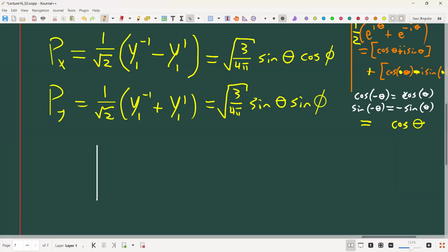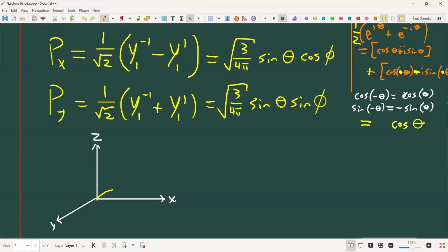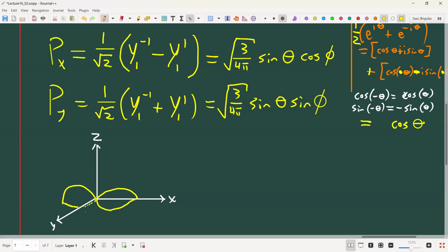So let's look at the px. First, let's do the theta dependence, which is the z dependence. Sine of 0 is 0, so this function achieves a maximum in terms of theta at pi over 2 and it's 0 along the z-axis. So this function increases and decreases something like this, and it's only positive around the z-axis.